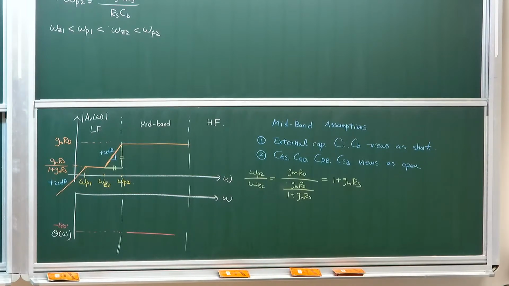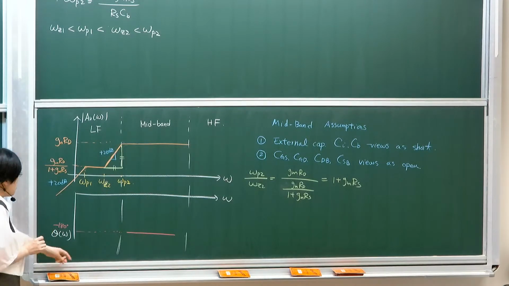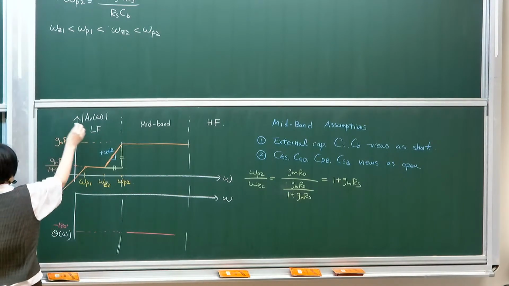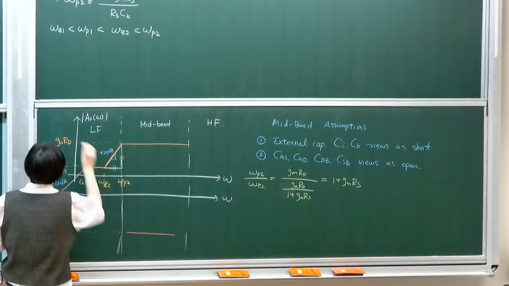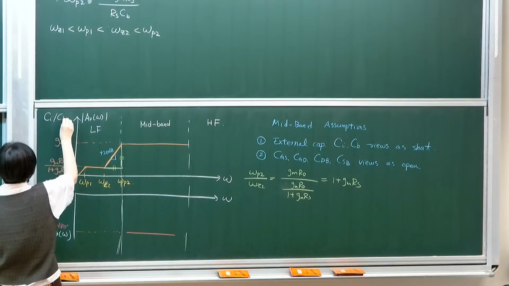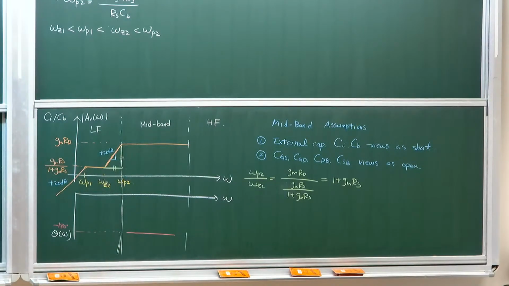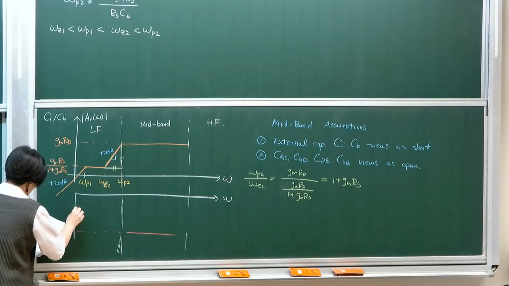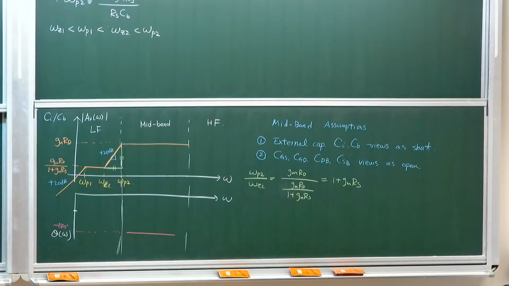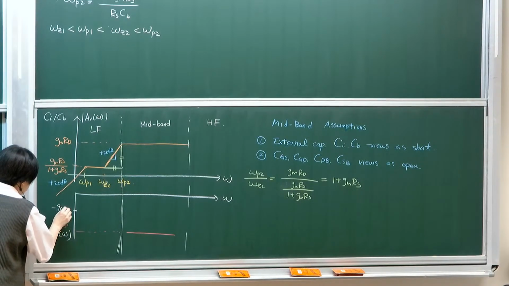So then we look at the high frequency. Remember, at this low frequency, these characteristics are determined by Ci and Cb. Right? The turning points, all of them are determined by this external capacitance. And if you want to do the frequency domain, you start with the 0, so you start with minus 20, minus 90.